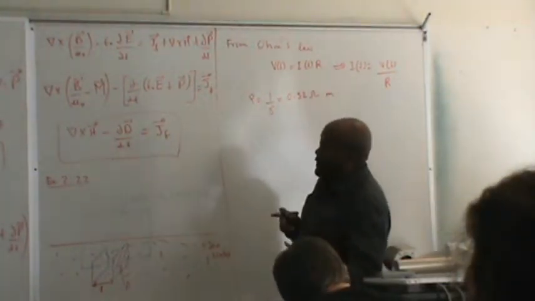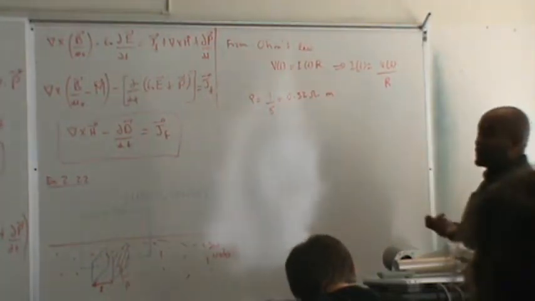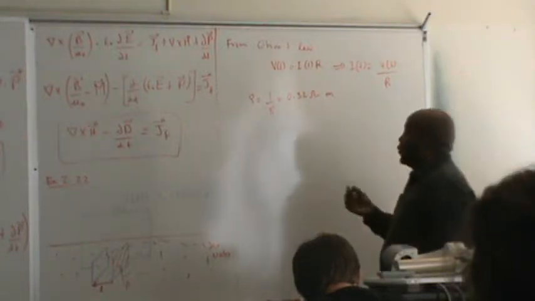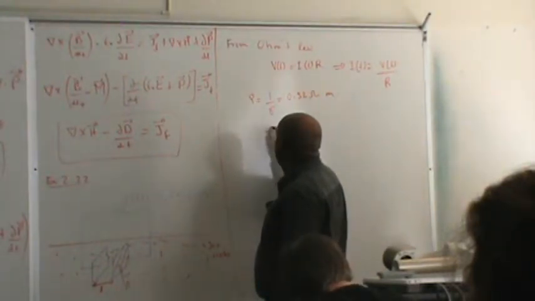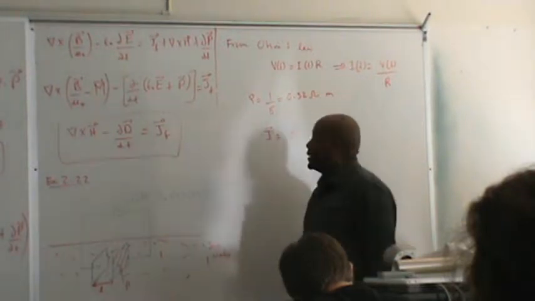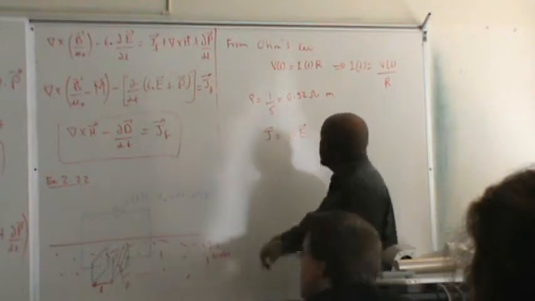From the general form of Ohm's law, we discussed that one at the beginning of the previous chapter, where we relate the current density J equals the conductivity times the electric field.